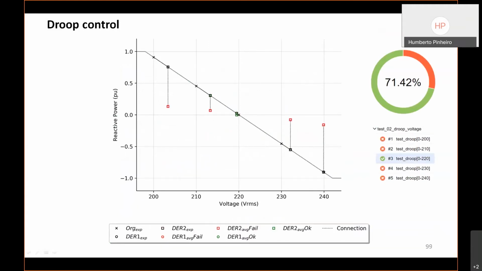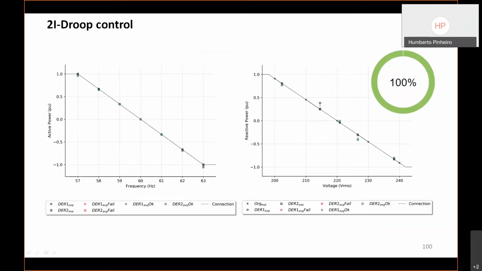As here, similar to what we got in the small signal analysis, this test-driven design revealed that the droop control suffers in terms of following the desired steady state droop characteristic. And with the true integrator, the droop solved this issue.